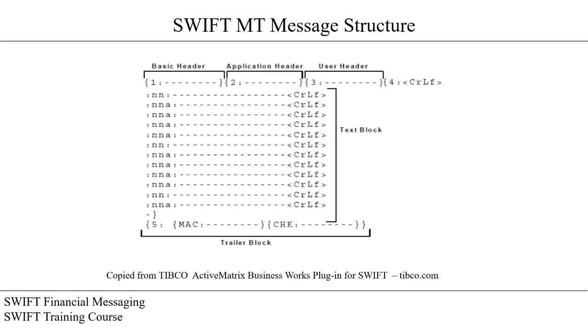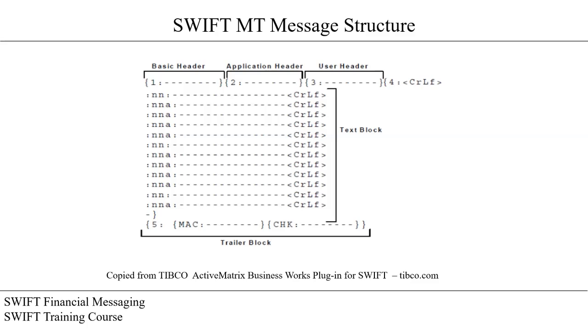So if we start with the header, block 1 is usually the sending application's or sending bank's BIC address. The application header, block 2, normally would have the receiver bank's BIC address.